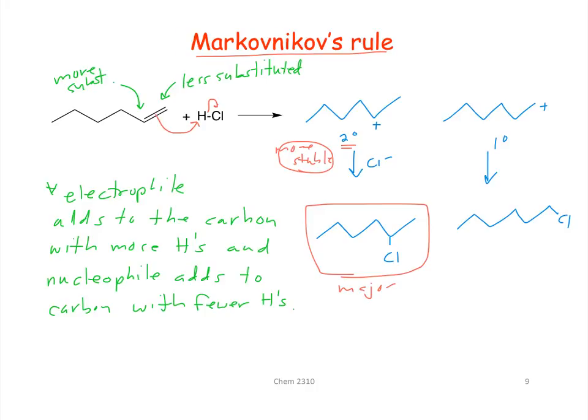So the H is going to go to the less substituted side, leading to the more stable carbocation, and the X group, the halogen, will go to the more substituted carbon.